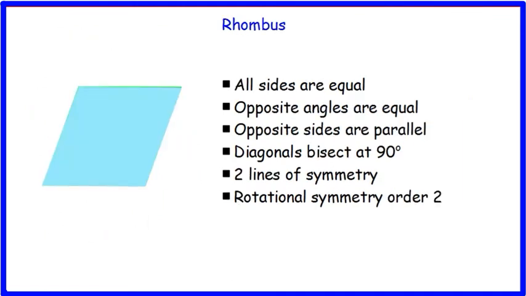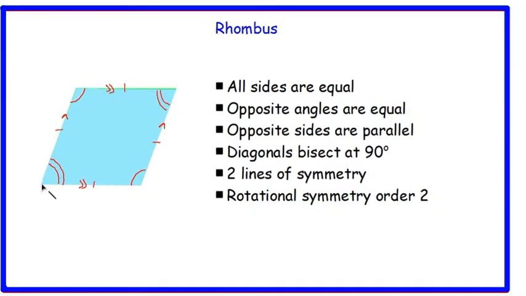The rhombus, all sides are equal because it is a square pushed over. All sides are equal. Opposite angles are equal, and opposite sides are parallel. Diagonals bisect at 90 degrees, so they're not equal in length.